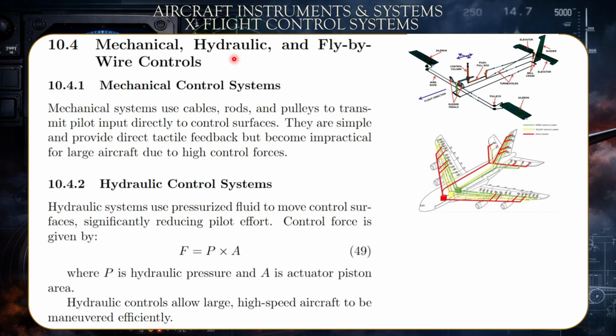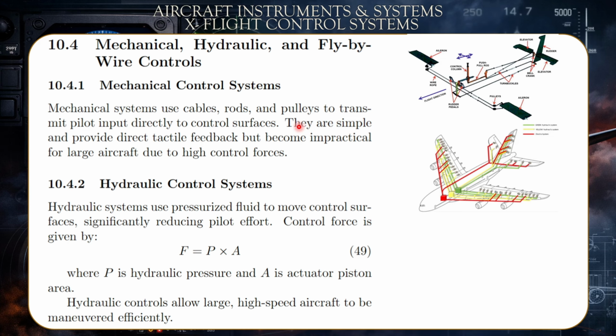10.4 Mechanical, hydraulic, and fly-by-wire controls. Okay, 10.4.1 Mechanical control systems. These systems use cables, rods, and pulleys to transmit pilot input directly to control surfaces, meaning that the same force that the pilot is applying to a control is being transmitted to the control surface to move it.